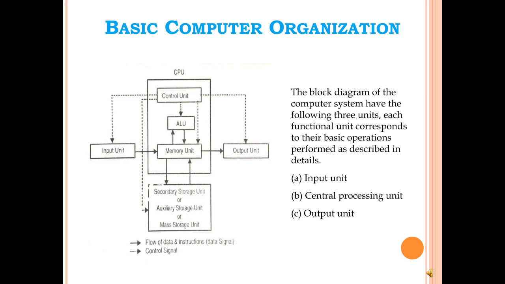We call it the input process output cycle. Here you can see a block diagram. This is the block diagram of a computer system having three units, and each functional unit corresponds to basic operations performed as described in detail.